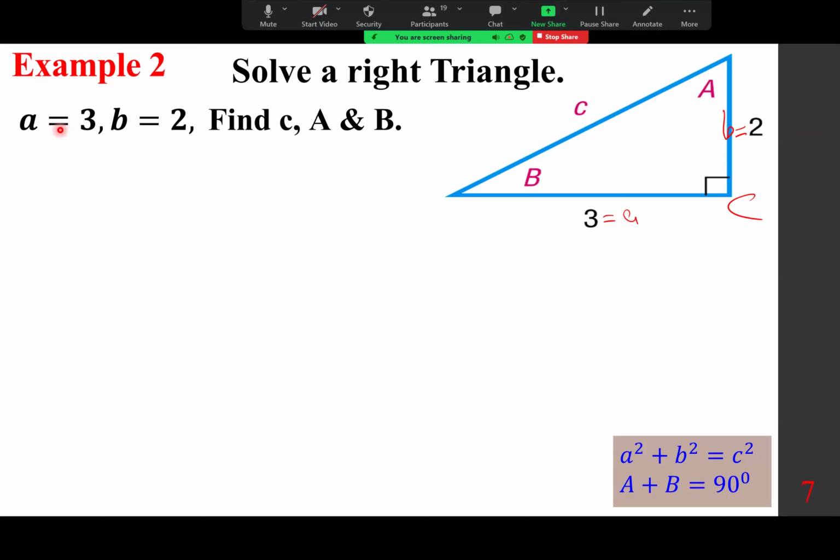A squared plus b squared equals c squared. So that means 3 squared plus 2 squared. This is 9. This is 4. So c is square root of 13 precisely because they add up to 13, right? So we have all the sides.